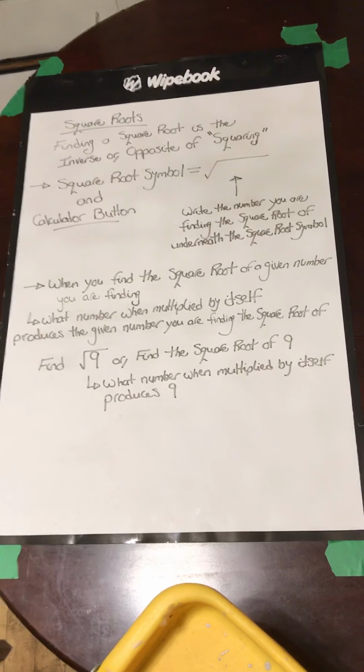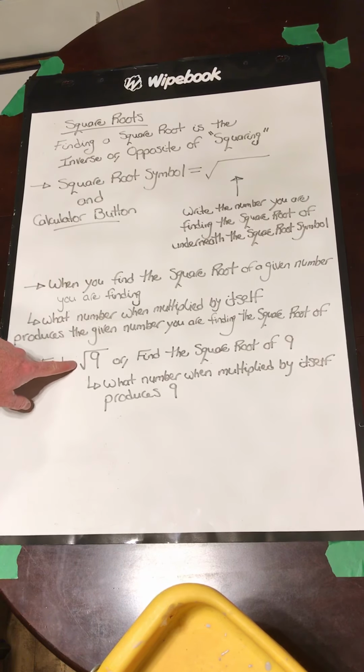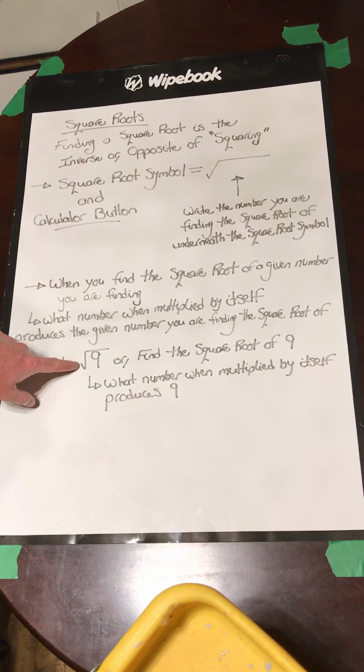So when you find the square root of a given number, you are finding what number, when multiplied by itself, produces the given number you are finding the square root of. So if we are going to find the square root of 9, when you see that symbol, you're saying to yourself, I'm finding the square root of 9.